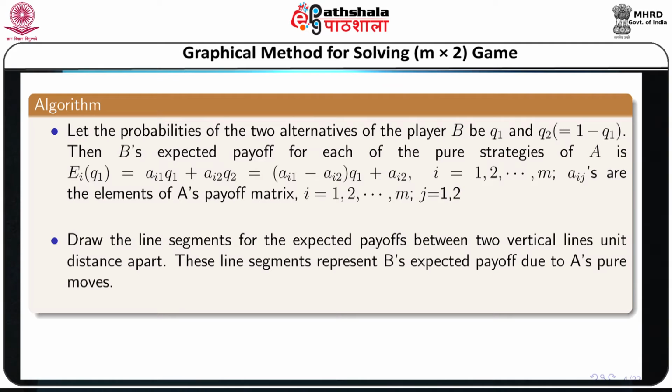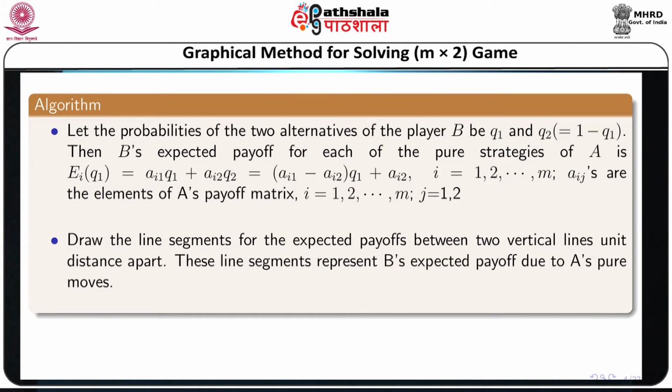Then B's expected payoff for each of the pure strategies of A is Ei(Q1) = ai1 Q1 + ai2 Q2, which can be simplified as (ai1 minus ai2) Q1 plus ai2, for i equal to 1 up to m, and the aij's are the elements of B's payoff matrix.